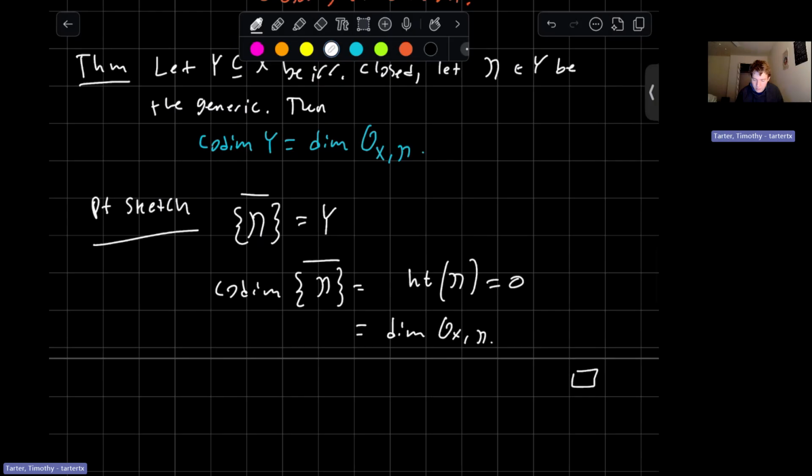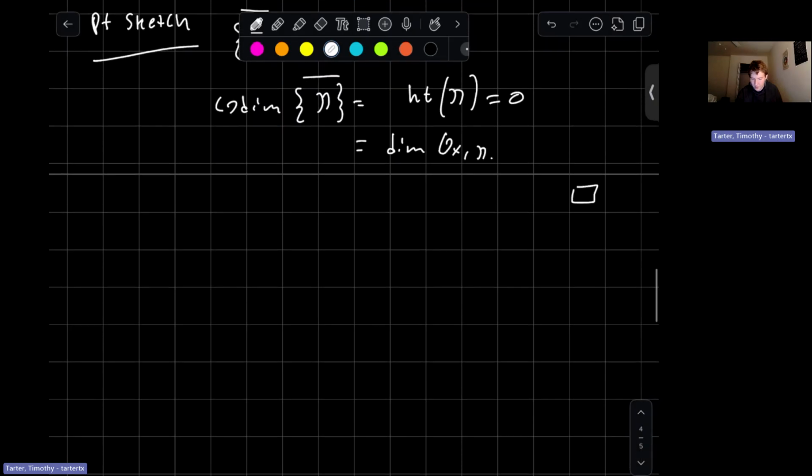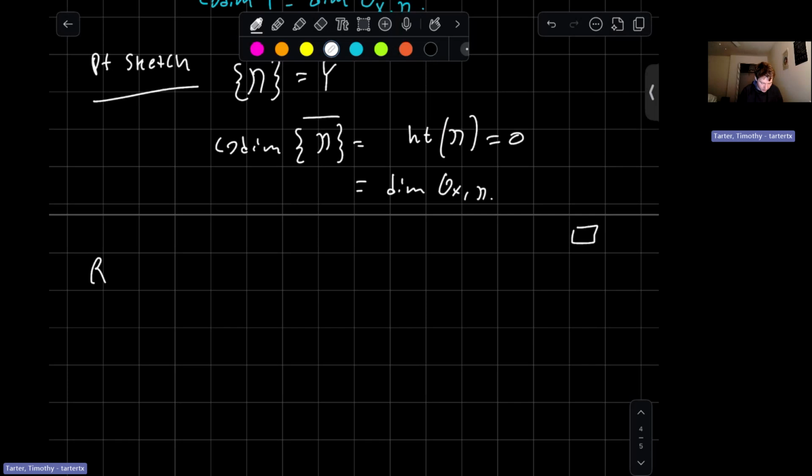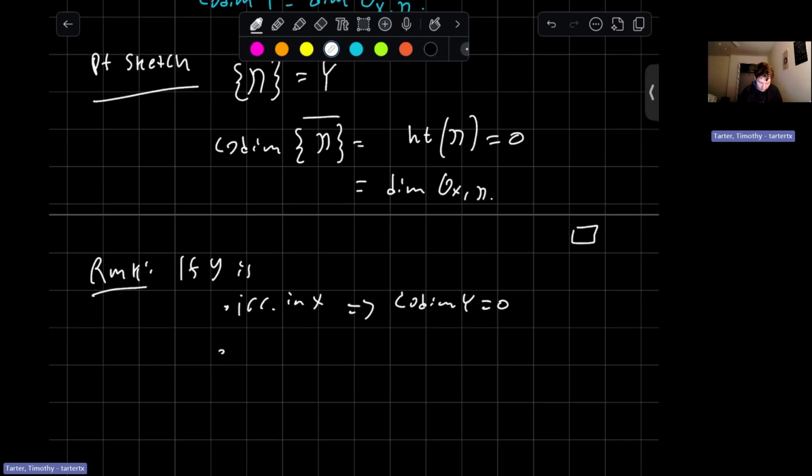Let's see. Yeah, so notice that Y is codimension 0 in X if it's an irreducible component of X. So remark, if Y is irreducible in X, then codimension Y is 0.